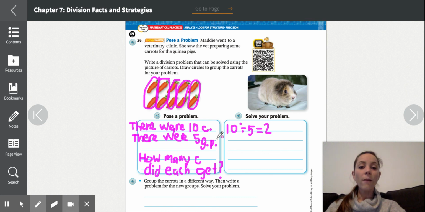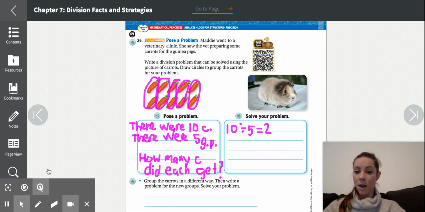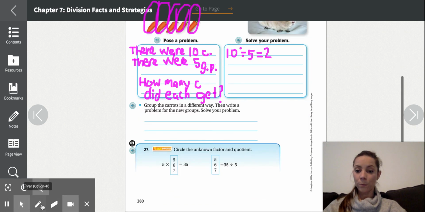Okay, so if you have something like that, it does not have to be that same equation. It could have been 10 divided by 2 equals 5. Okay, just make sure your clues tell them the total somewhere up here, the 10. Okay, and then tell them maybe either how many in each or how many groups, and then ask them to find the other clue that's missing.